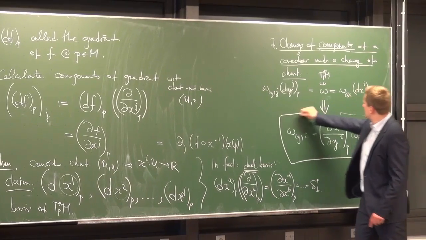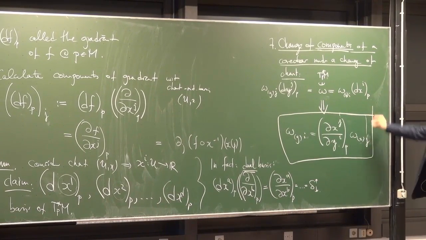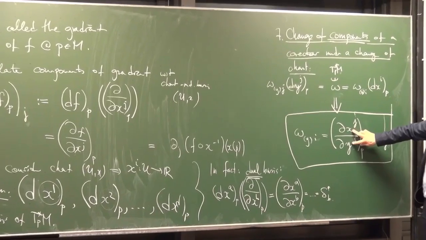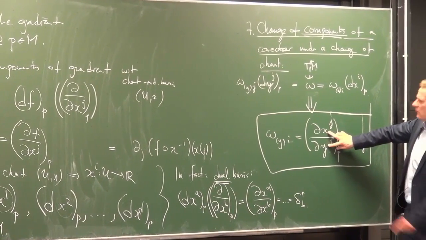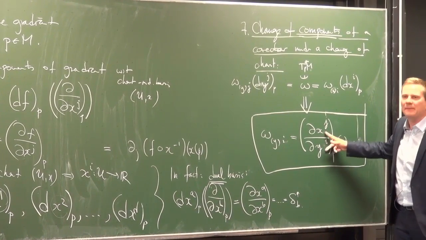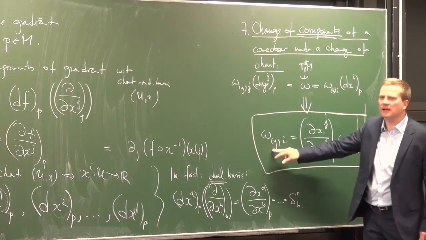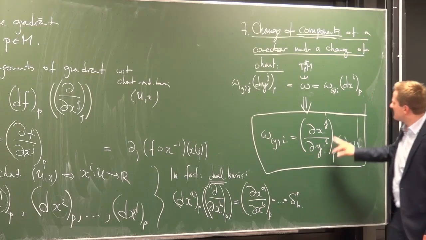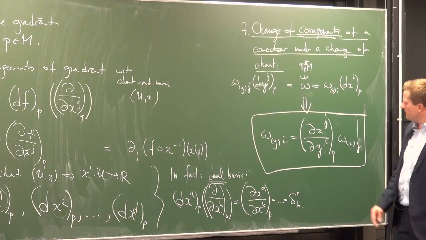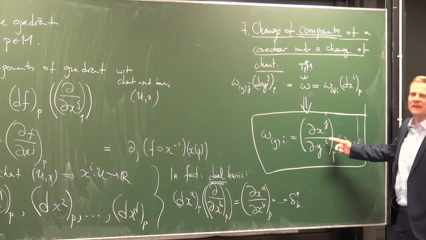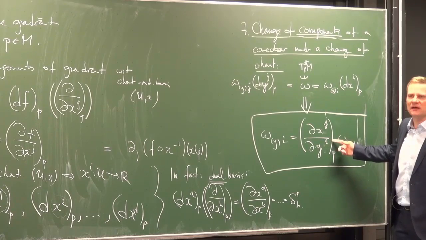And if you compare this to the transformation of vector components, you will see this is the matrix with x up and y down, whereas the vector components go with y up and x down. Okay? And then you can show, and that will be on the problem sheet today, that these two matrices are inverses of each other.